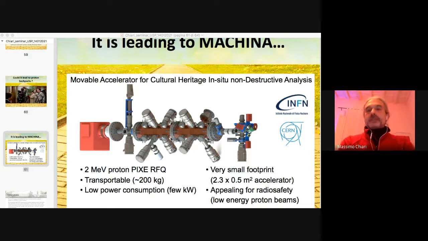XRF is a good tool to determine elemental composition in aerosols. That's not the problem.